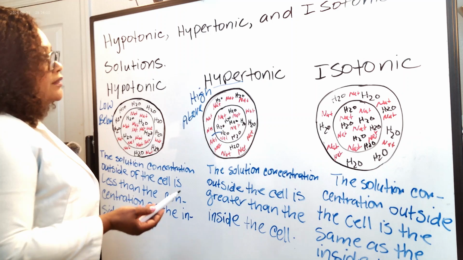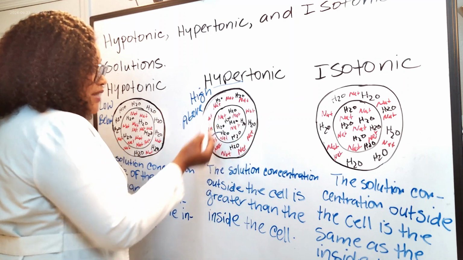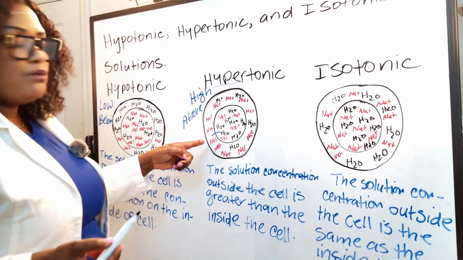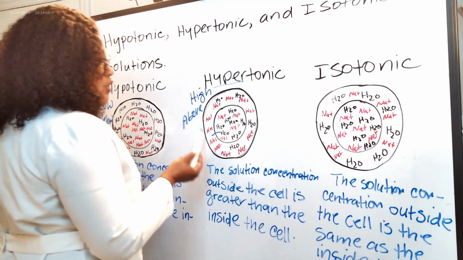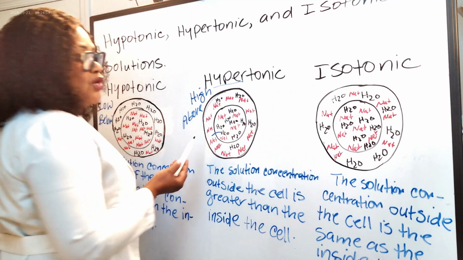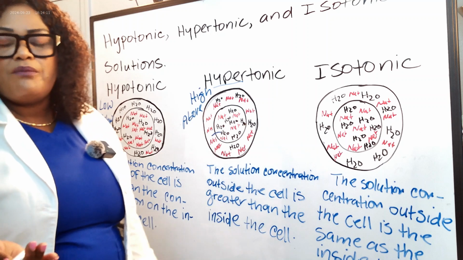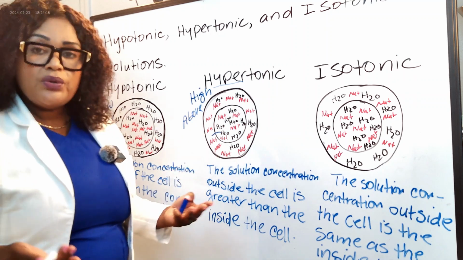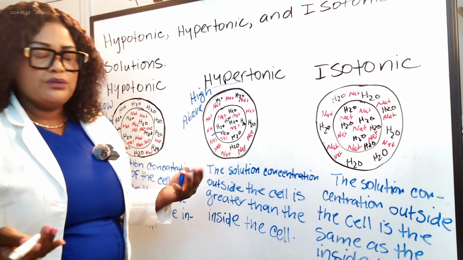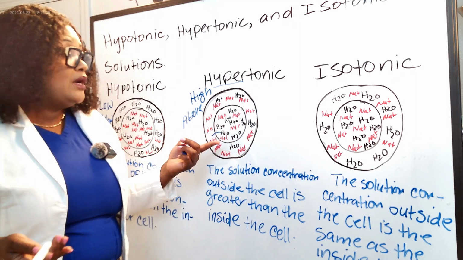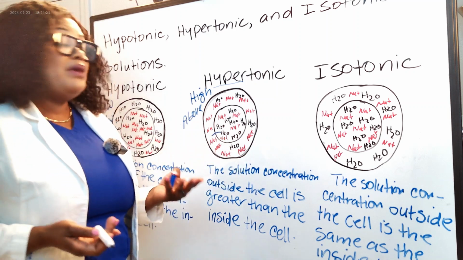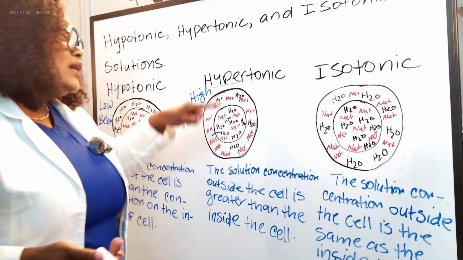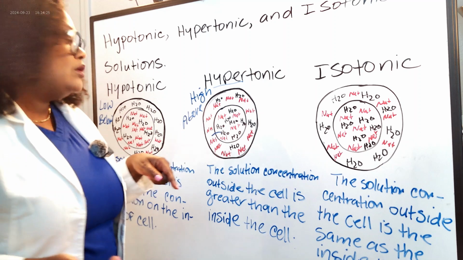Although we have a high content of sodium on the outside of the cell, sodium cannot pass through the semi-permeable membrane because sodium is a large particle. Remember, the semi-permeable membrane controls what comes in and out of the cell.